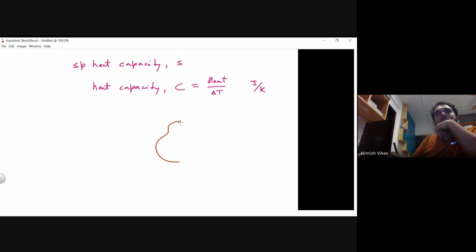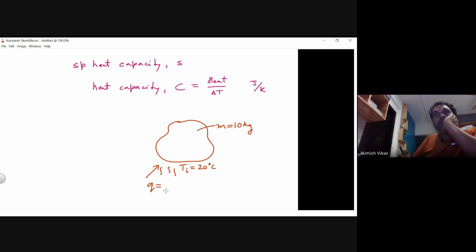Meaning to say, there was a certain body, mass was 10 kgs, T initial was, say, 20 degrees Celsius. I provided heat to it. How much heat did I provide?